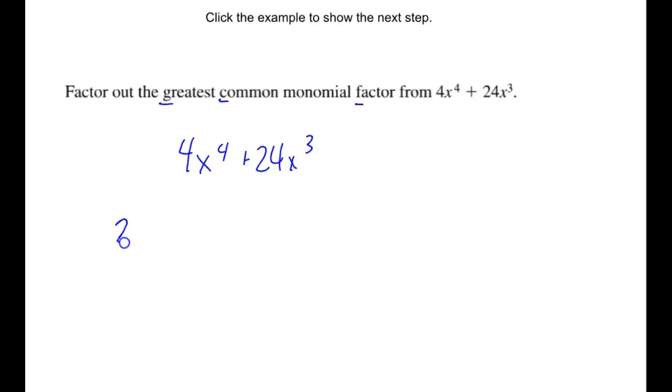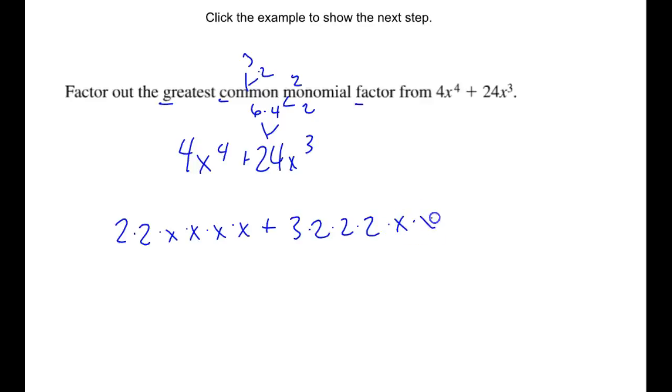This first term can be written as 2 times 2 times x times x times x times x, right? This second term, well, I know that 24 can be broken down into 6 times 4, but these can be broken down into 2 times 2, and 6 can be broken down into 3 times 2. So I can have 3 times 2 times 2 times 2 times x times x times x is my second term, right?